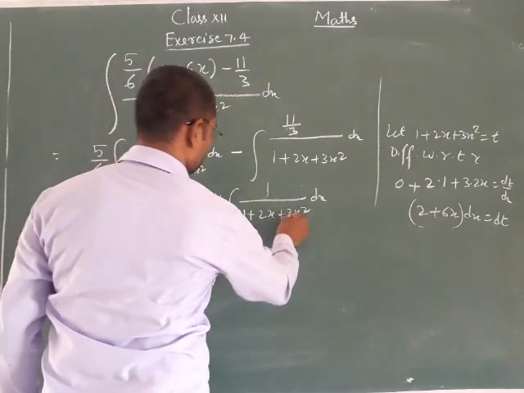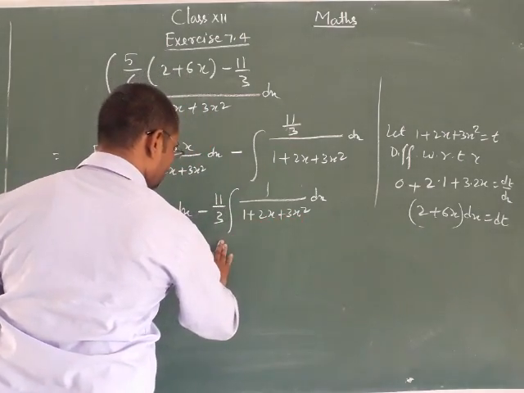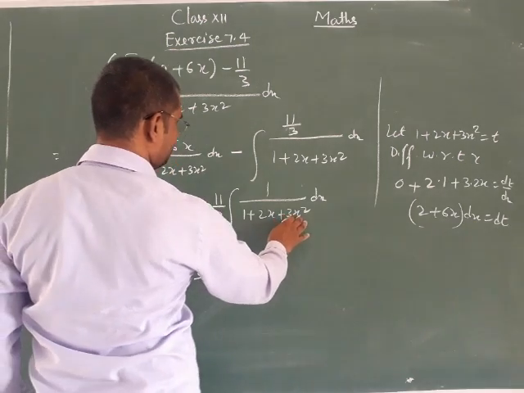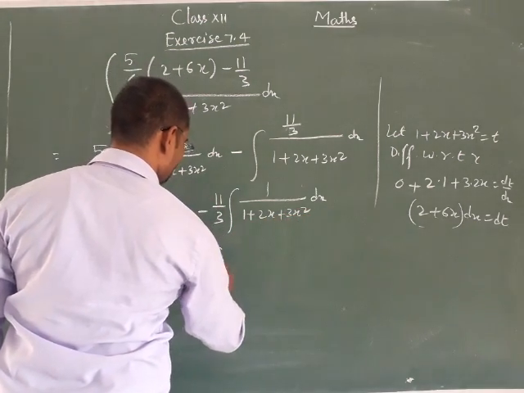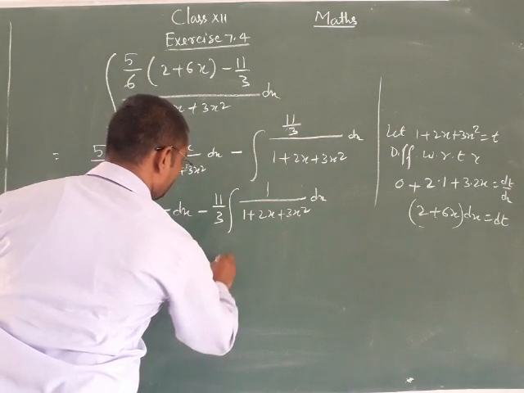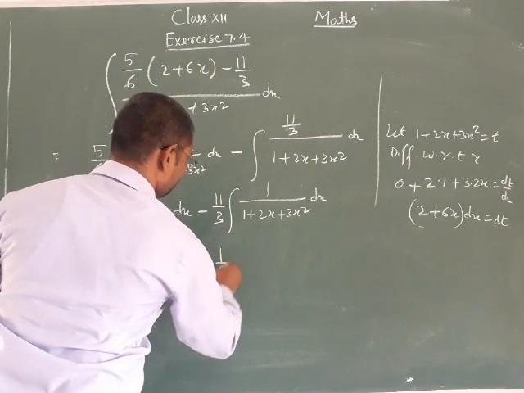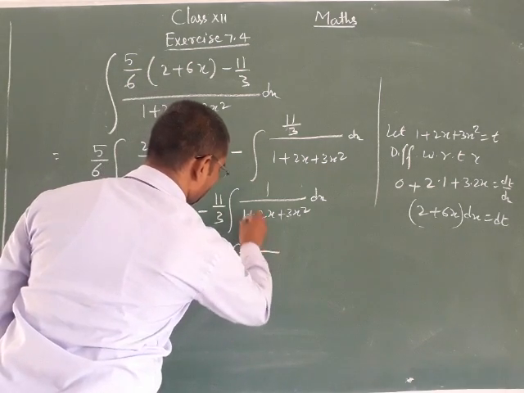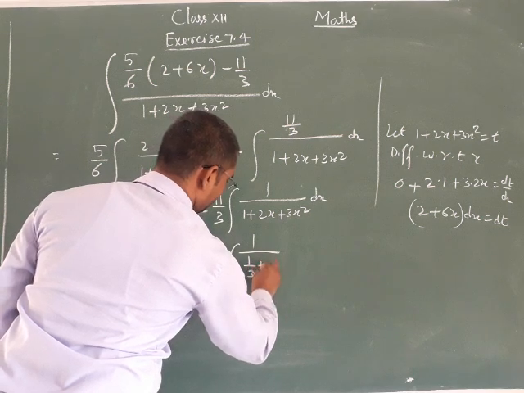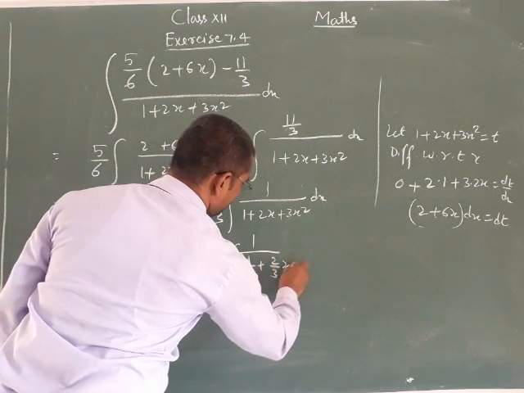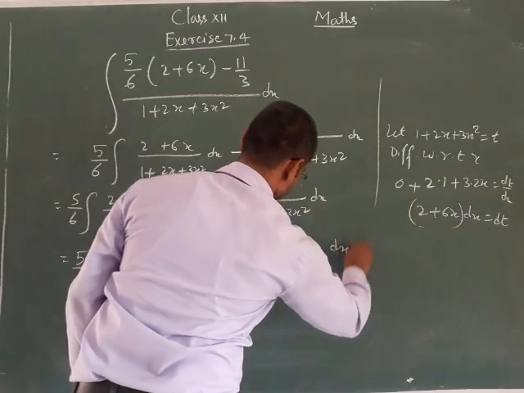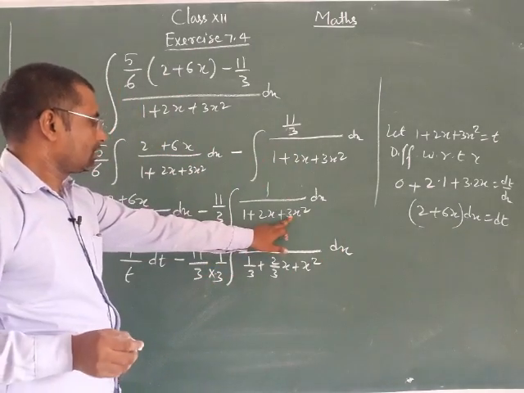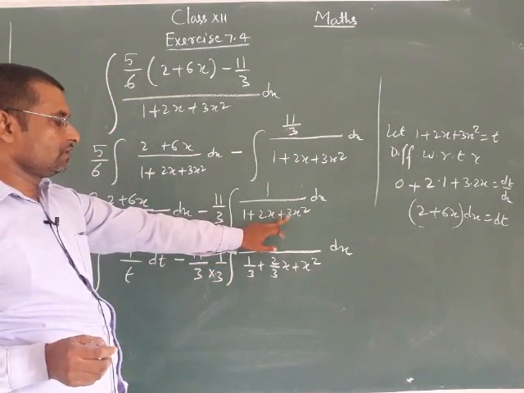So get 1 upon 3 common out, coefficient of x square 3. So 3 common out, get 1 upon 3 and 1 upon 3 plus 2 upon 3x plus x square dx.